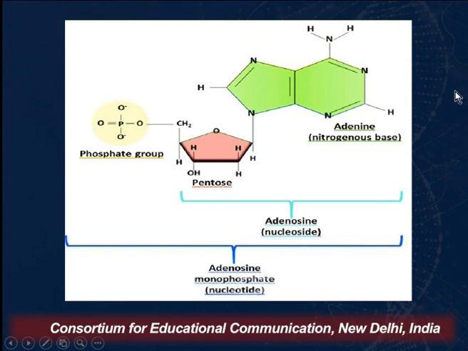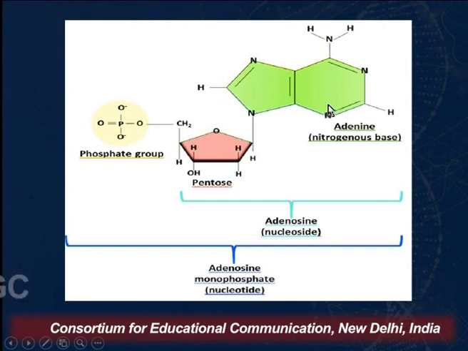When we talk of a nucleoside, we have a base, which in this case is adenine, and the sugar here is the pentose sugar, again a deoxyribose sugar, because you can see that we have hydrogen here, we do not have an OH group here. And a phosphate group is attached here.